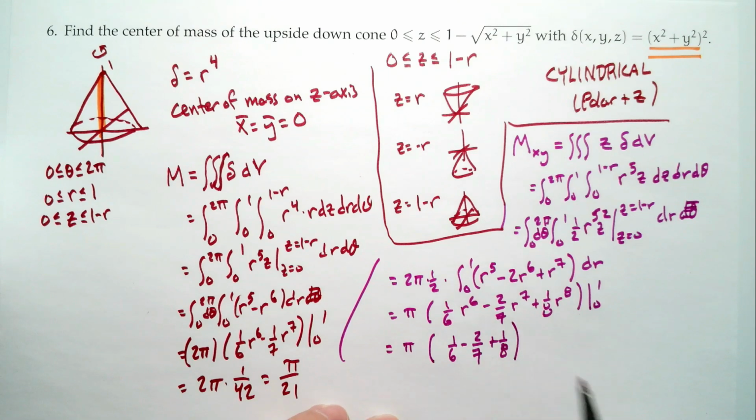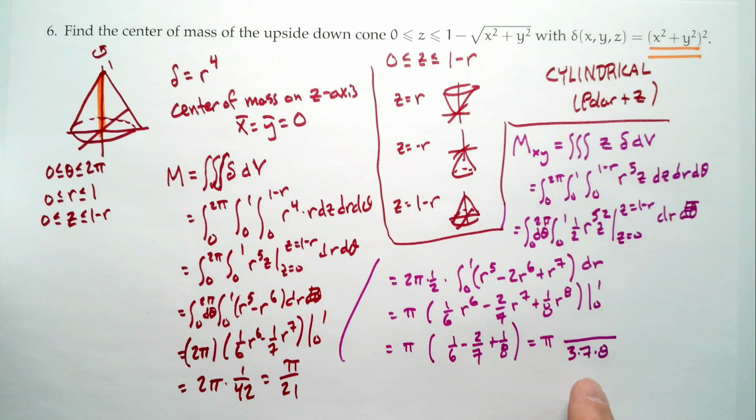Now, if you were thinking, let's put this over a common denominator. Okay, that's one idea. Common denominator would be what? Well, I need something which is divisible by 6 and 7 and 8. So in this case, it would be 3 times 7 times 8. Because 3 times 7 times 8, 7 divides it, 8 divides it, and because of the 3 and the 8, 6 divides it. So what do I need to get from 6 to 3 times 7 times 8?